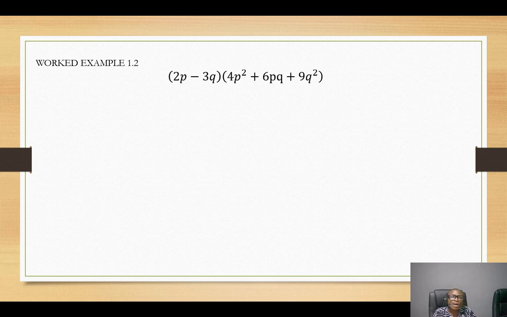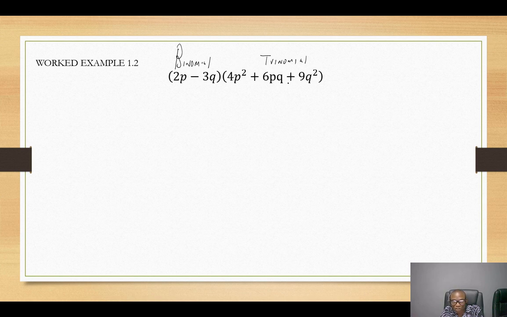Worked example number 2. This is a binomial and this is a trinomial. If you look on what I've written here on my example 2, it appears that there is no question.